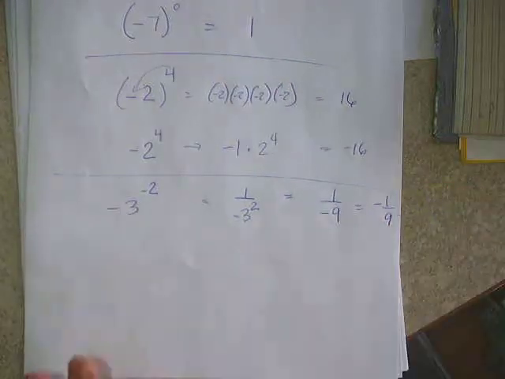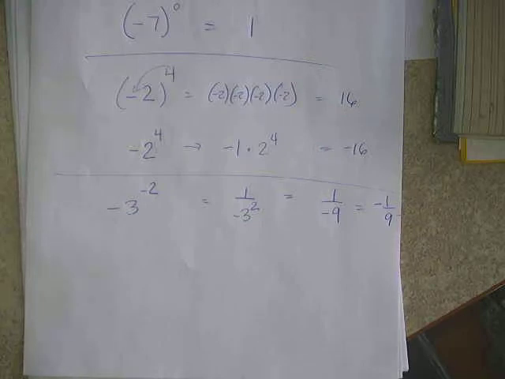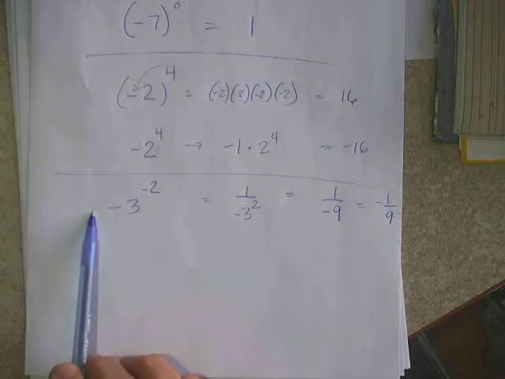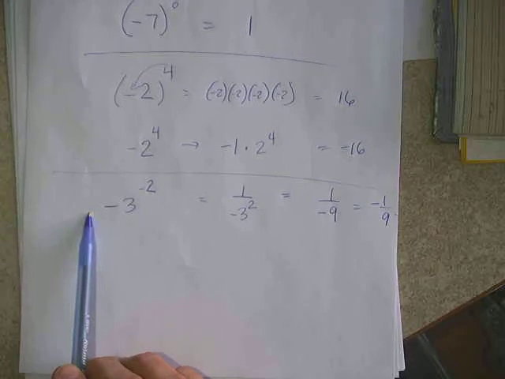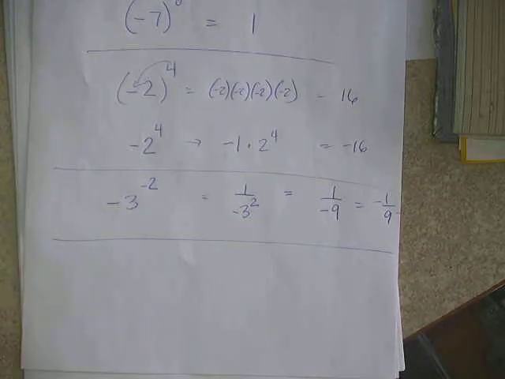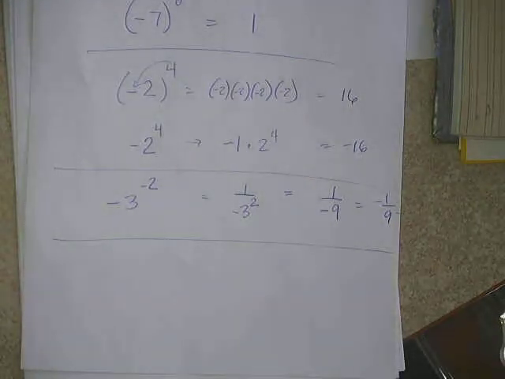Because it's not in parentheses. So this would be 1 over -9. And as long as you only have one negative, the whole fraction is negative, right? So we could list it like this, or we could just say that's -1/9. Just put the negative in front. The point is, the negative does not go away because it's not in parentheses with that 3.